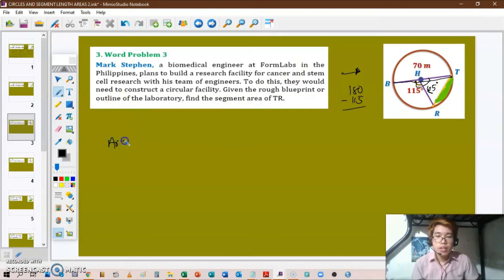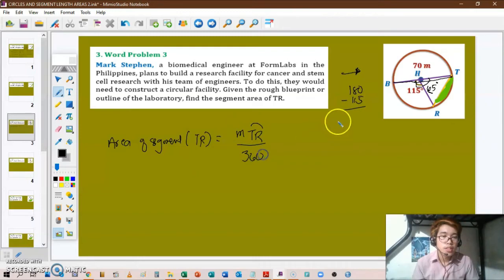So the area of segment TR is going to be equal to the measure of arc TR over 360, so this is 65, multiplied by the area of a circle, pi r squared, minus 1/2 r squared, the radius, multiplied by sine theta.